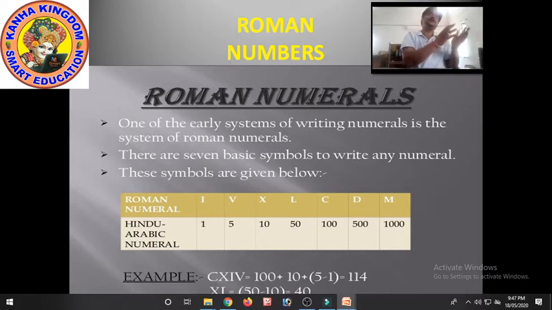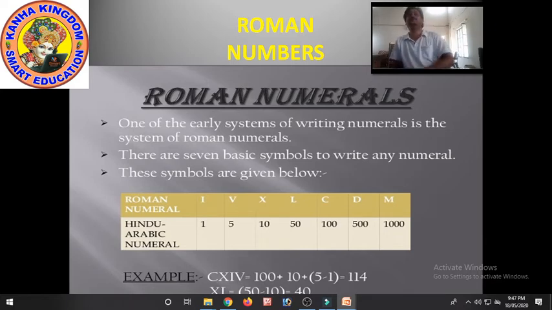100 in Hindu Arabic numerals, but if we convert 100 to Roman numerals, we can write C. C equals 100. Now move to 500. 500 is the Hindu Arabic numeral, but how can we write the Roman numeral of 500?